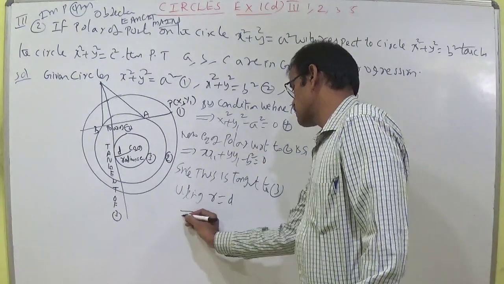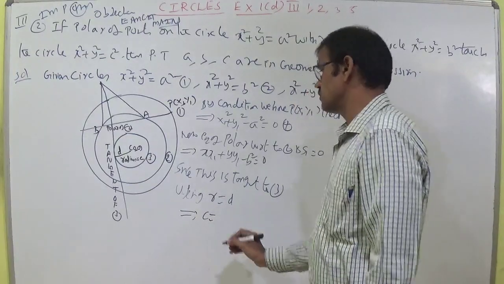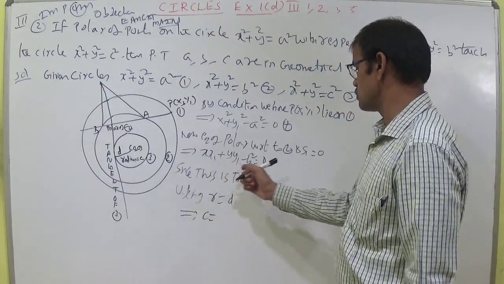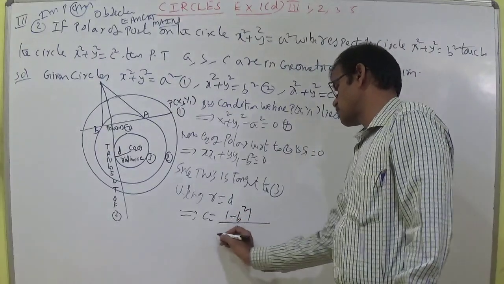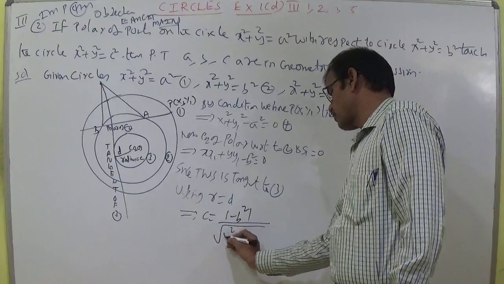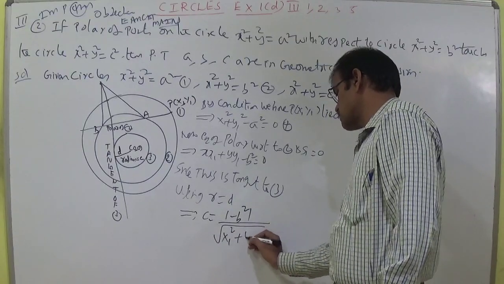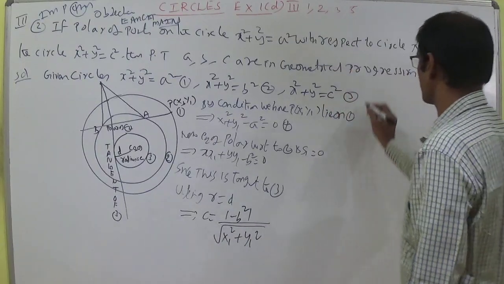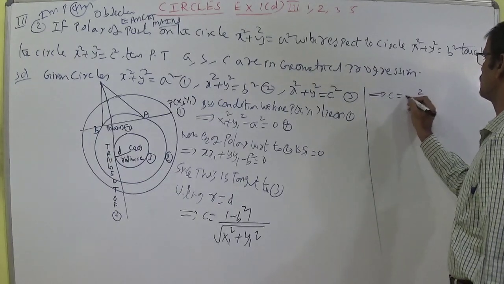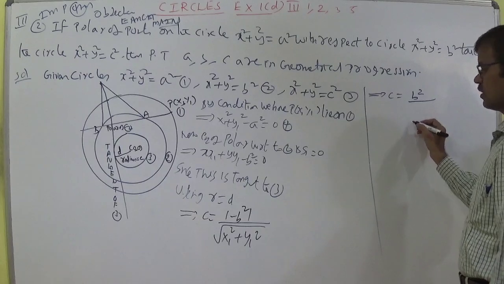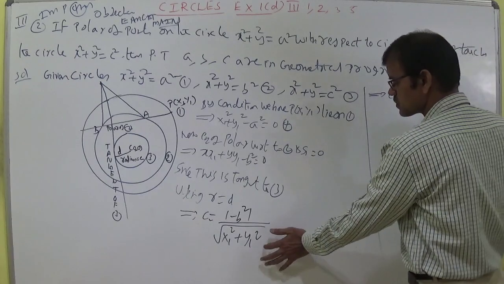That implies here c is equal to the perpendicular distance from 0, 0 to this line. You can write modulus of minus b square by root of x1 square plus y1 square. That implies c is equal to b square by, what is the value of root of x1 square plus y1 square?